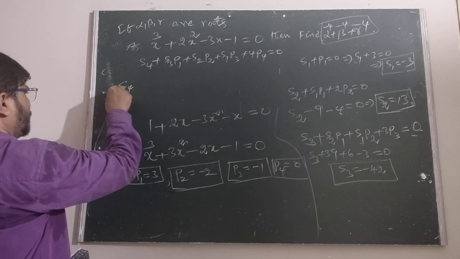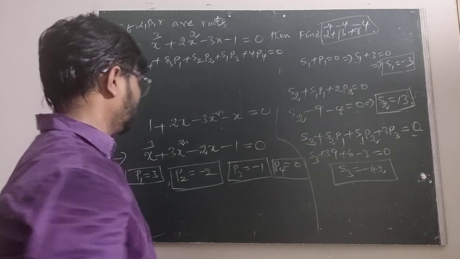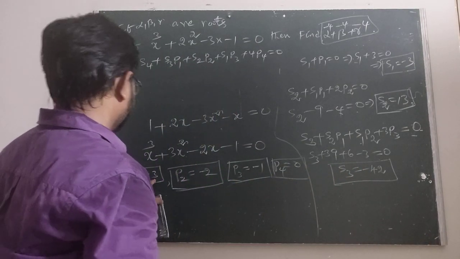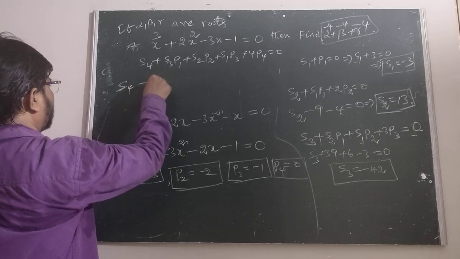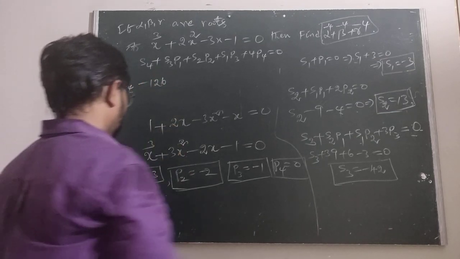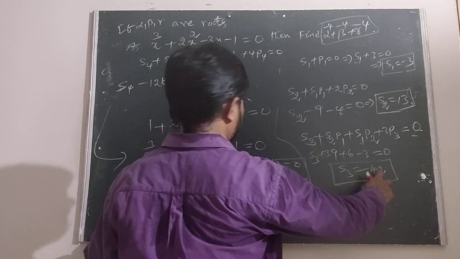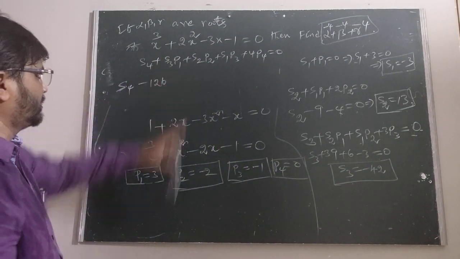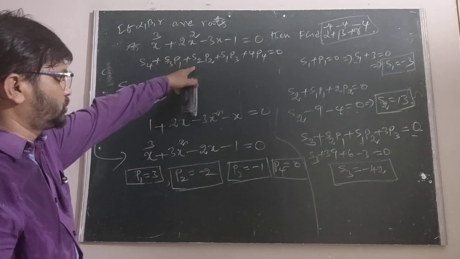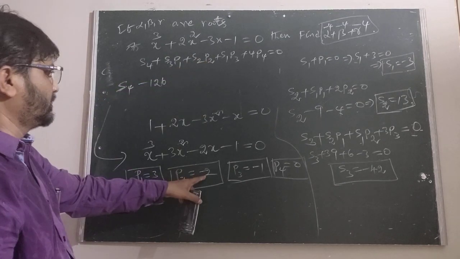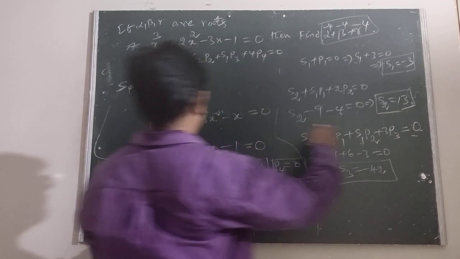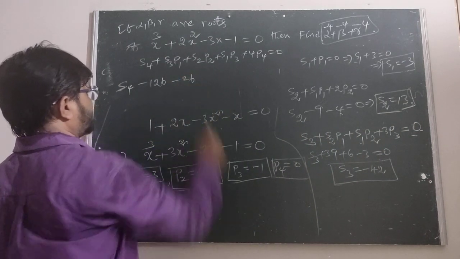S4, now S3 is minus 42 into 3, that is minus 126. Next one, S2 P2: P2 is minus 2, S2 is 13, that is minus 26.